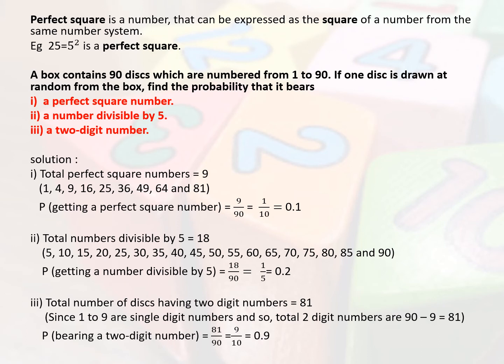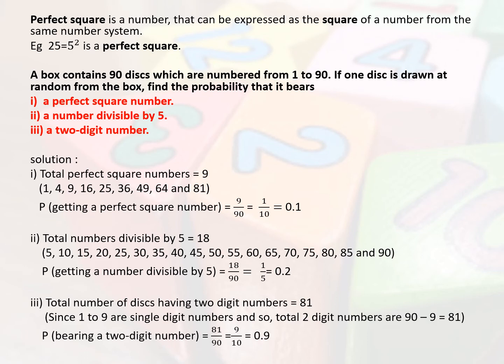So here we can list the total perfect square numbers from 1 to 90: 1, 4, 9. See, this is very easy to write. You just go by counting. For 1 we have the square as 1 only. For 2, 2 squared is 4. Then we have 3 squared, which is 9. 4 squared is 16. 5 squared is 25. 6 squared is 36. 7 squared is 49. 8 squared is 64. 9 squared is 81.